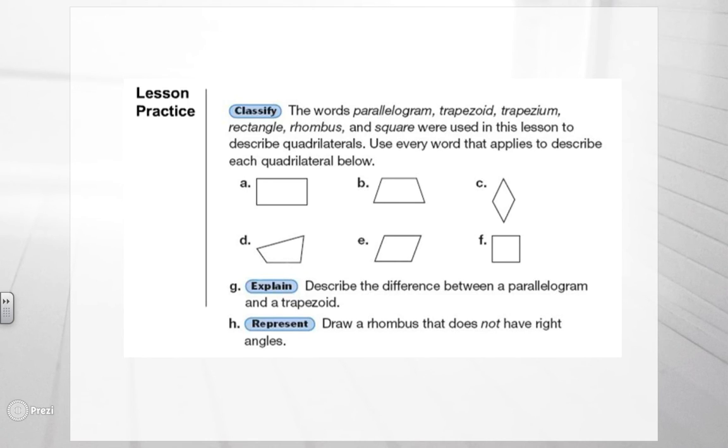For A through F, describe if it's a parallelogram, a trapezoid, trapezium, rectangle, a rhombus, or a square. Describe the difference between a parallelogram and a trapezoid, and for letter H, draw a rhombus that does not have right angles. All right, good luck with that.